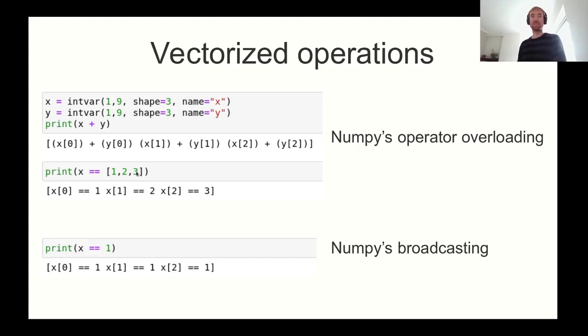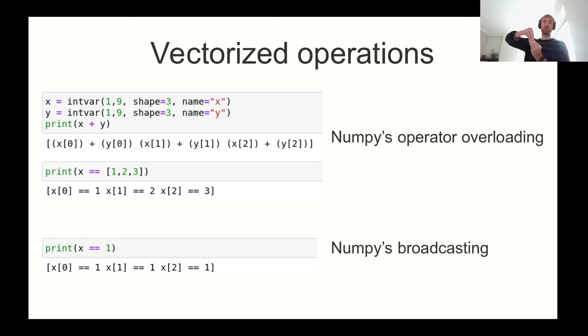Now, a final nice thing that I want to highlight is that Numpy also has this concept of broadcasting. Broadcasting means that, in this case, this is still an array of size 3, but this is not an array. It's actually one individual element. And so what Numpy will do is it will broadcast that individual element to the right shape.